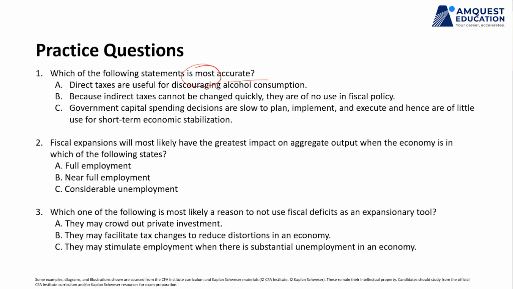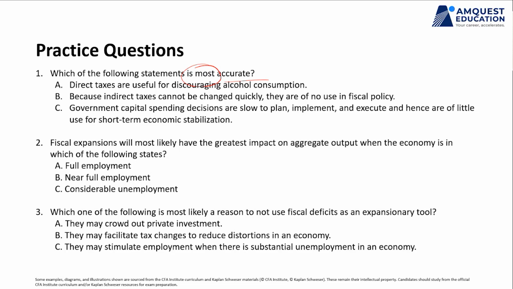That's also correct. So are they of no use? That's incorrect, they are of use. Government capital spending decisions are slow to plan, implement, and execute, and hence are of little use for short-term economic stabilization. What's the answer?